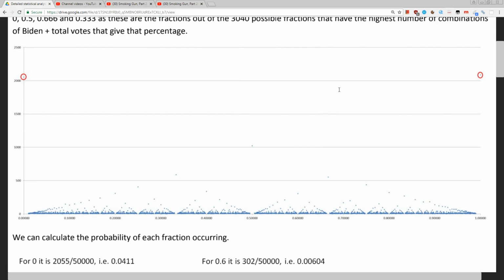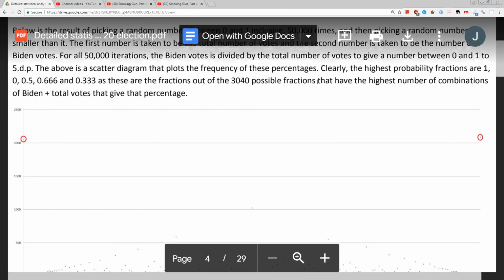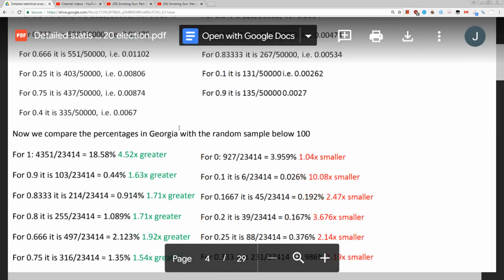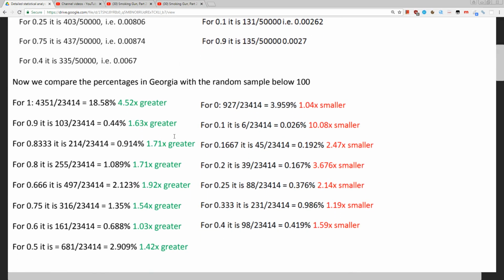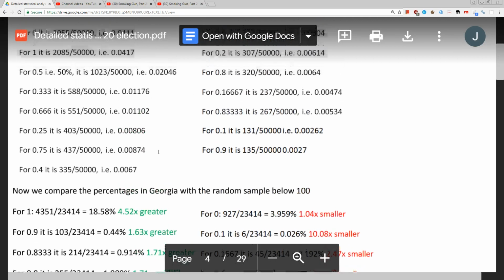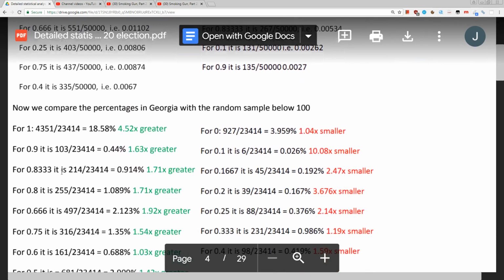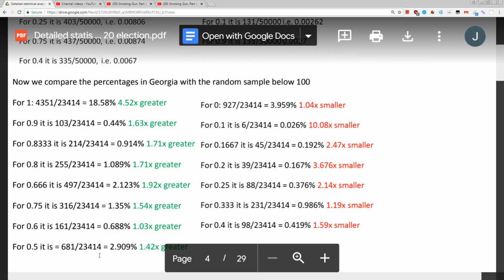So you've got 100 random fractions out of a number below 100. And you compare Biden's frequency to the average scenario. Here's the average scenario for 50,000. Biden beats, for every percentage, the frequency that percentage occurs.